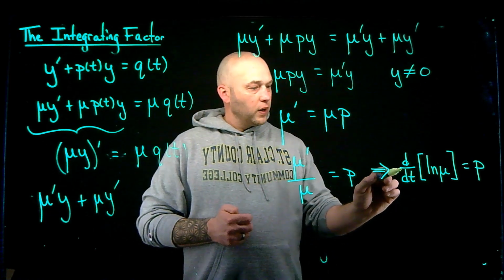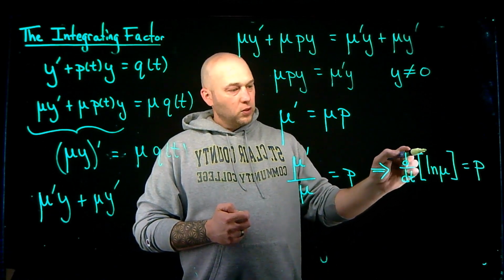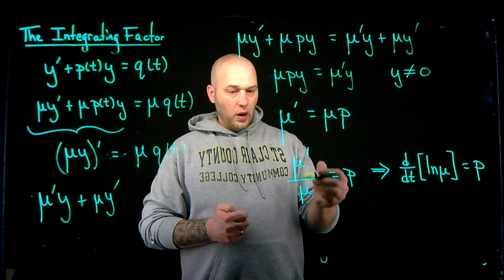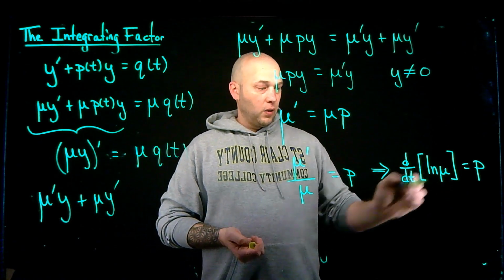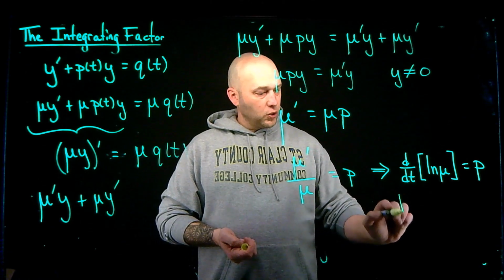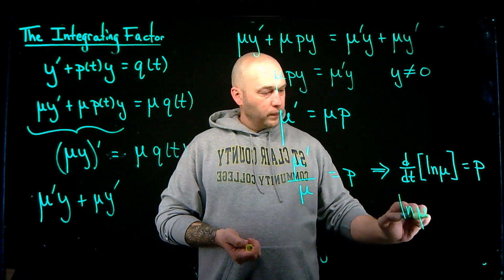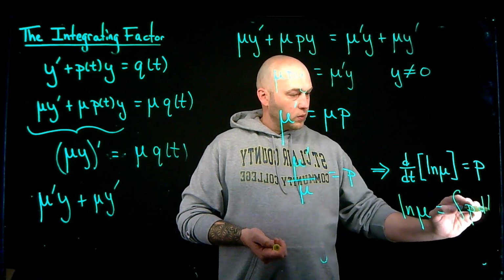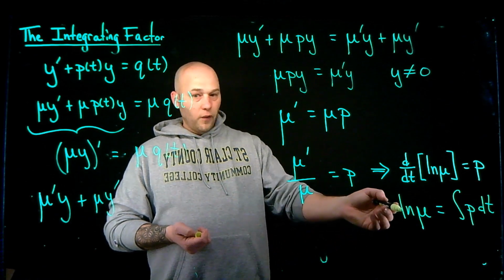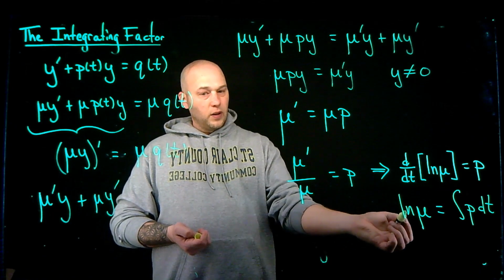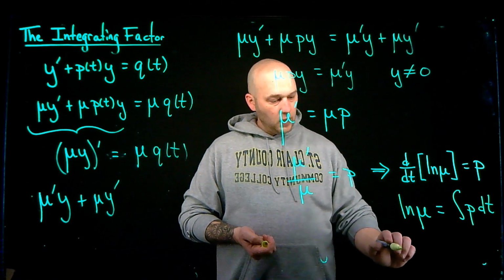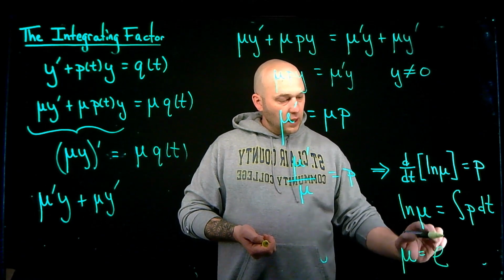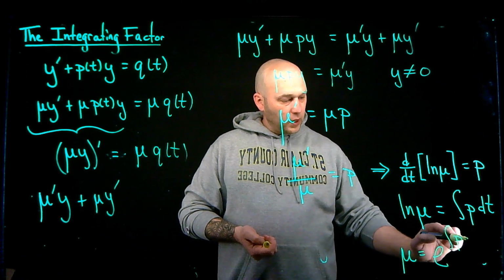Because if I differentiate the natural log of mu, it's the reciprocal of the argument times the derivative of the inside, which is mu prime over mu. Right? Now integrate both sides, and I get the natural log of mu is equal to the integral of p, and that's with respect to t. Solve that for mu means to get rid of the natural log. I'm going to exponentiate. So therefore, I get mu is equal to e to the integral of p dt.